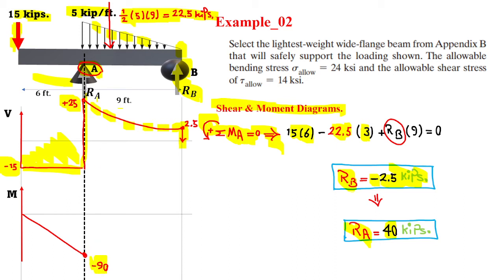For the other part, the numeric value of shear is reducing, so the slope of the moment is reducing until it reaches 0 at the end. So the maximum moment is already calculated to be negative 90, because the rest of the points are something like on top of that, about that number.